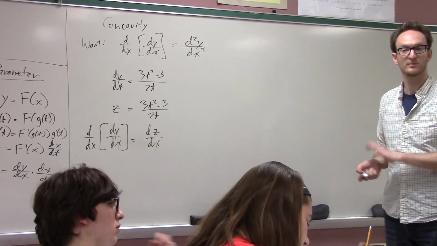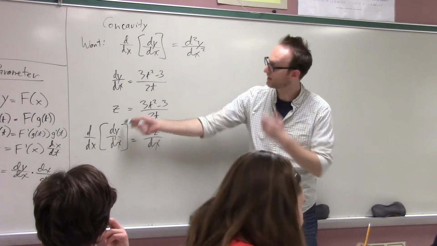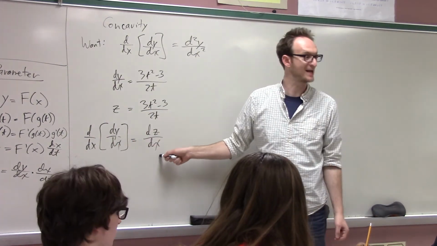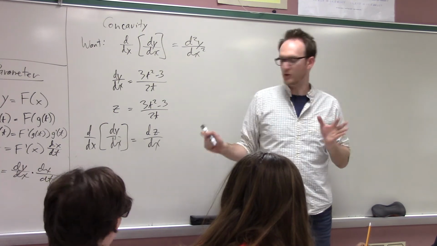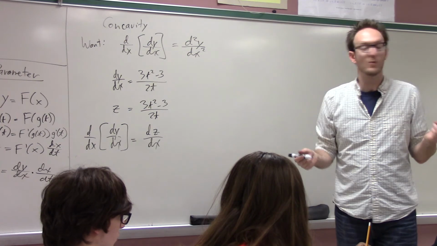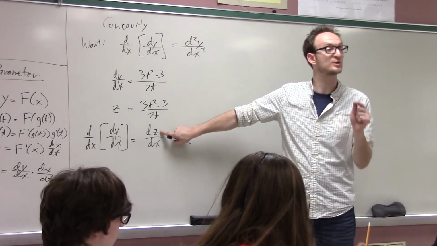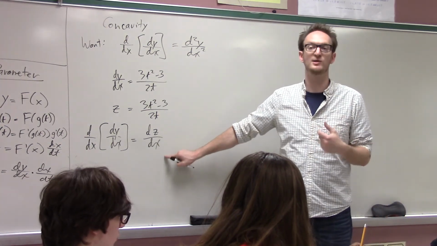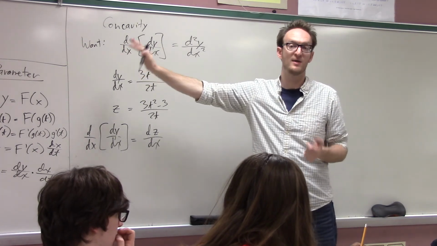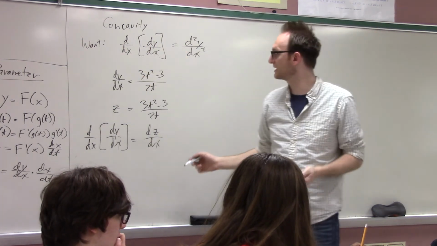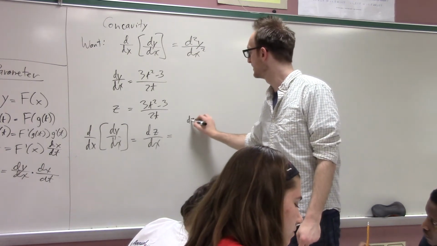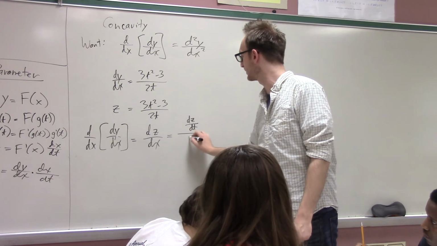Because by temporarily calling this z, what I'm interested in is the rate of change of dy dx with respect to x. Okay, if you're okay with that, then what is dz dx? Well, z is a function of t, and x is a function of t. So for all the same reasons that the chain rule was needed over there, this is going to be dz dt over dx dt.